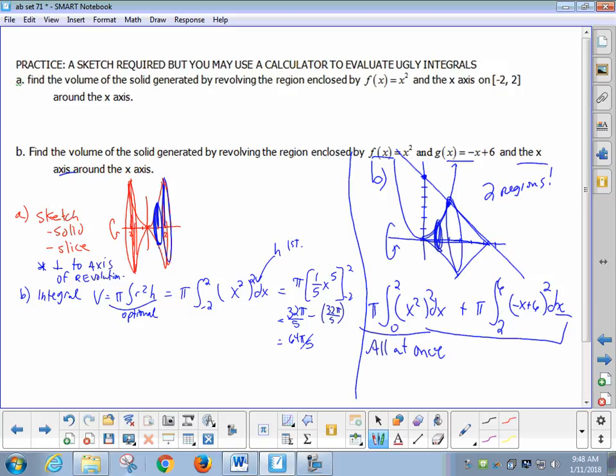Okay, what do you have? Something like 87.1268? Yes? Okay. All right. So that's the first introduction to the idea around the x-axis, and we use cylinders.